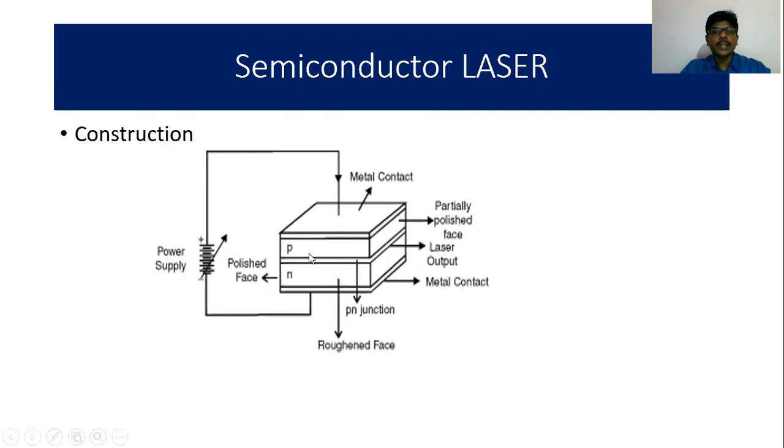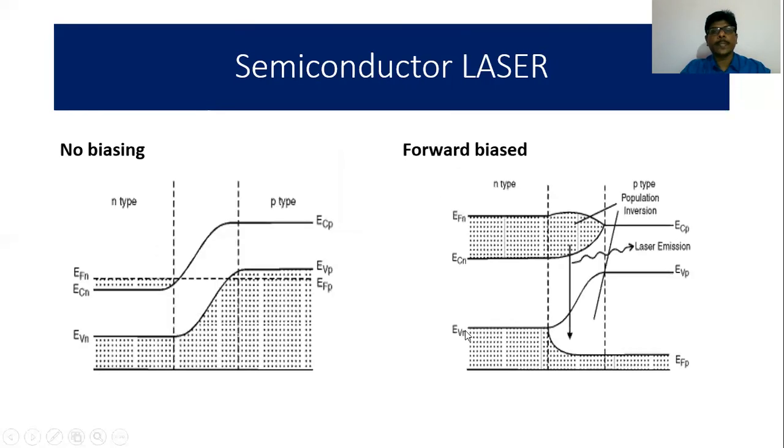You would see the p-type material is connected to the positive terminal of the battery, and the n region is connected to the negative terminal of the battery, and this is a variable power supply. Also, three surfaces of it are roughened, whereas only one surface is partially polished, so that laser light will escape only from this side and not from the other three sides.